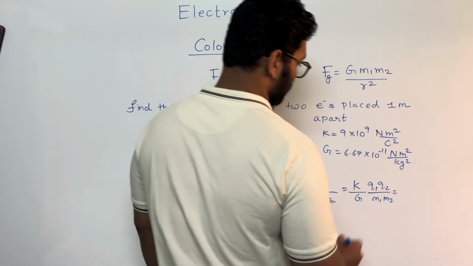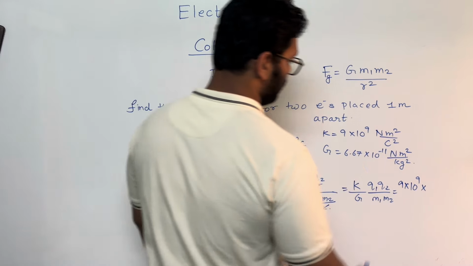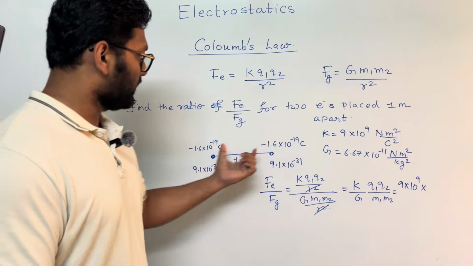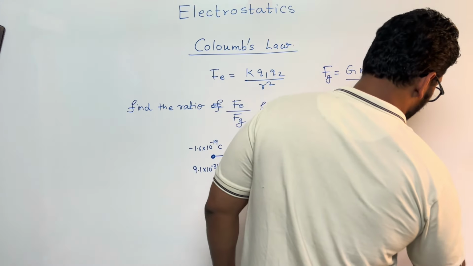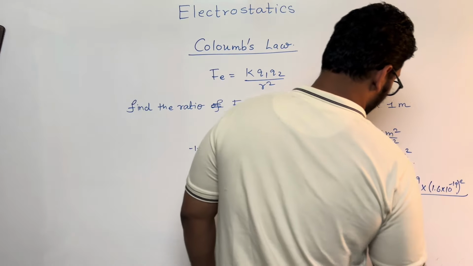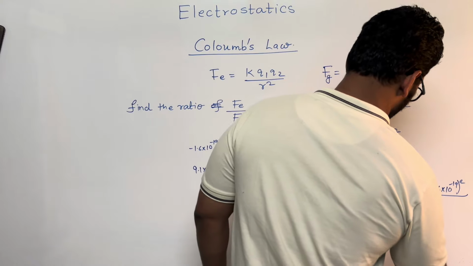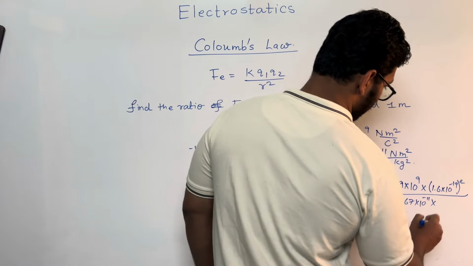What is the K value? 9 into 10 raised to 9 into Q1 into Q2, which is minus 1.6 into 10 to the power minus 19 into minus 1.6 into 10 to the power minus 19. So this will be 1.6 into 10 to the power minus 19 square divided by 6.67 into 10 raised to minus 11 into masses.